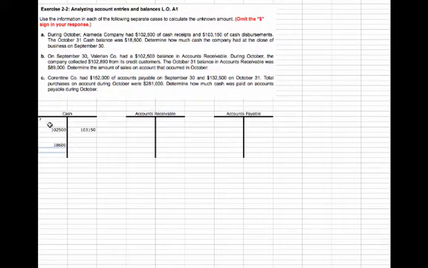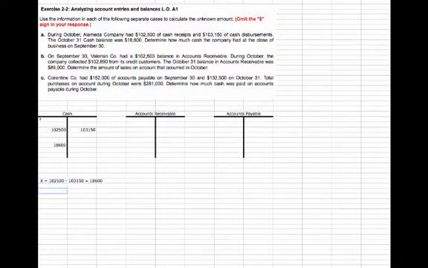In other words, we know that our beginning balance plus our increases minus our decreases will give us our ending balance of $18,600. So I could create an algebraic formula here that says my beginning balance X plus my cash increases of $102,500 minus my decreases of $103,150 will equal $18,600.